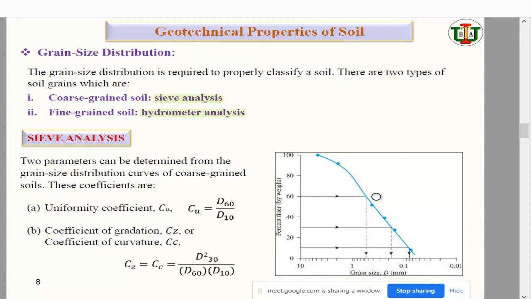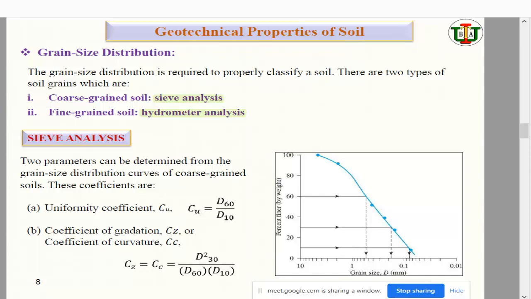Why not sieve analysis? Let me ask some questions to specific persons. Ahmed Shajal, why do you conduct fine grained soil analysis by hydrometer? Why not sieve analysis?